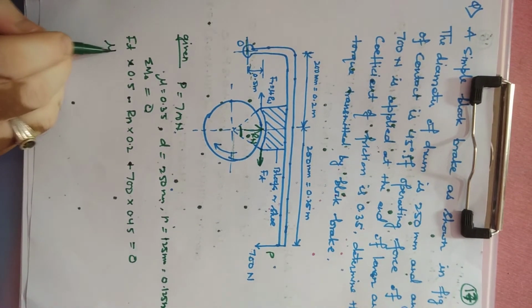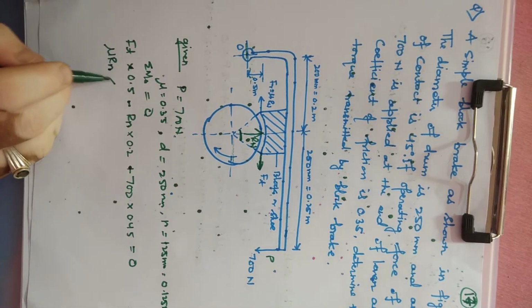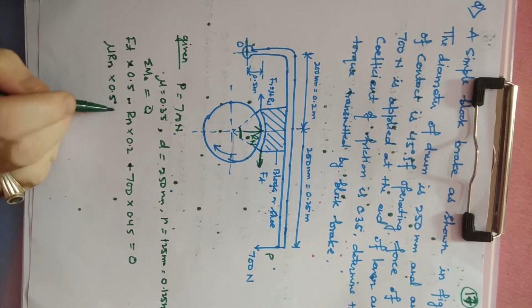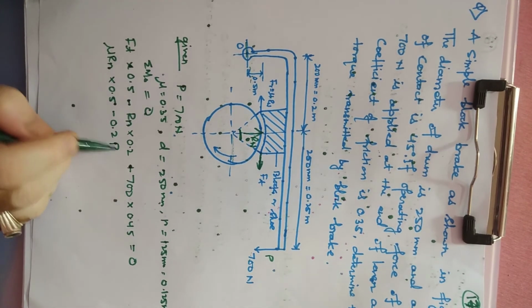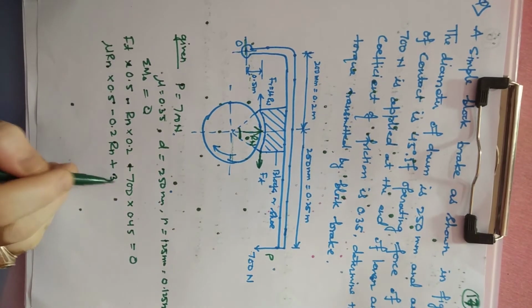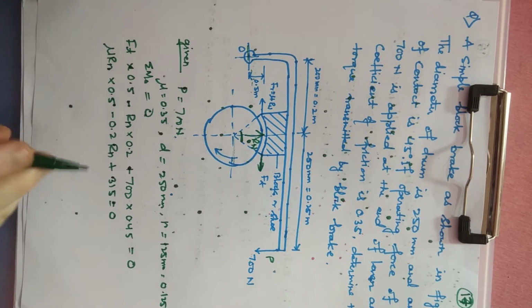Now Ft is mu Rn, so mu Rn into 0.5 minus 0.2 Rn plus 315 equals 0.